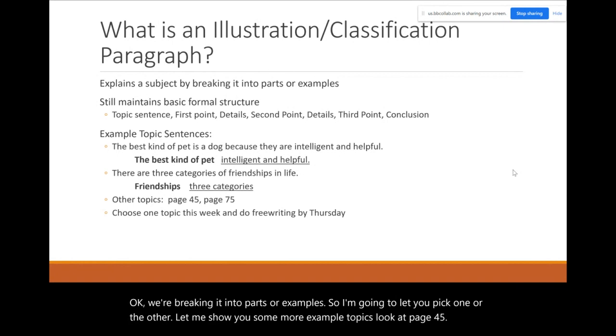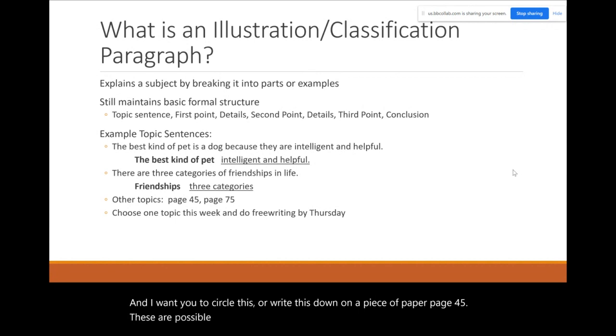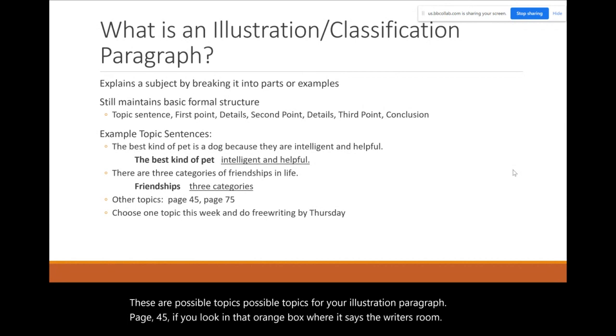And I want you to circle this or write this down on a piece of paper. Page 45. These are possible topics for your illustration paragraph. If you look in that orange box where it says the writer's room, look at the topics it gives you.